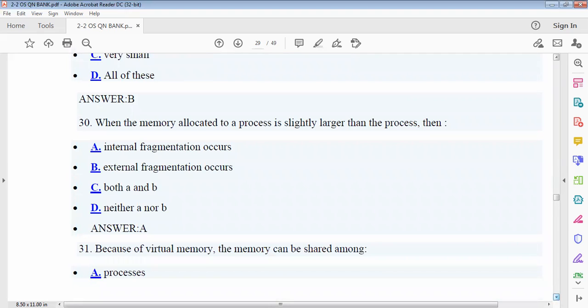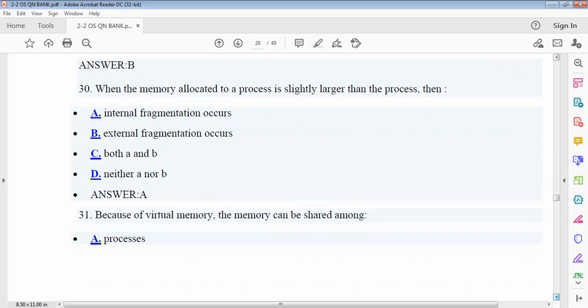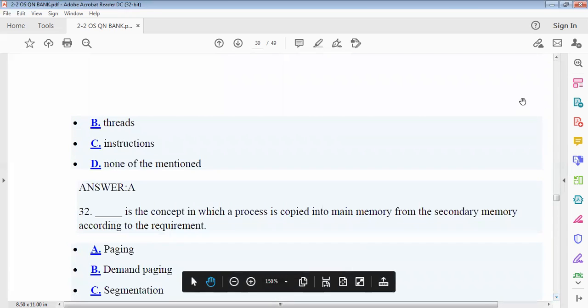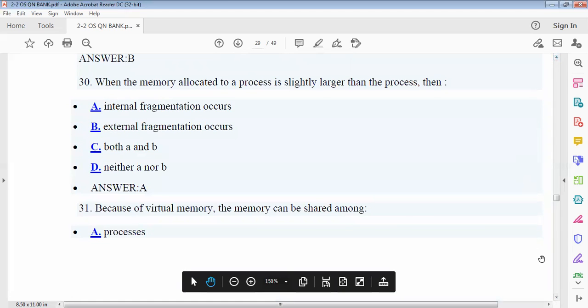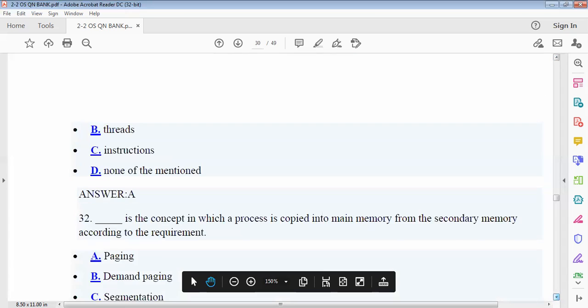When the memory allocated to a process is slightly larger than the process, then internal fragmentation occurs. Because of virtual memory, the memory can be shared among processes.